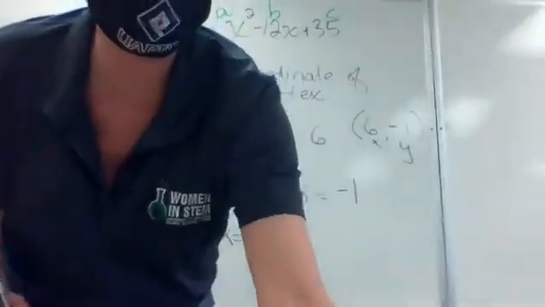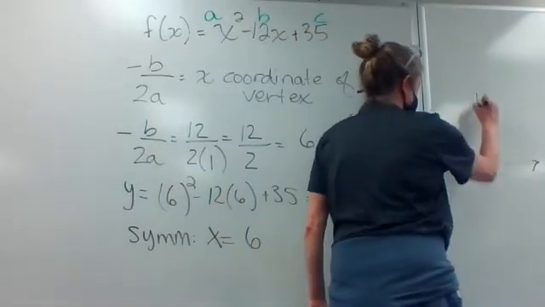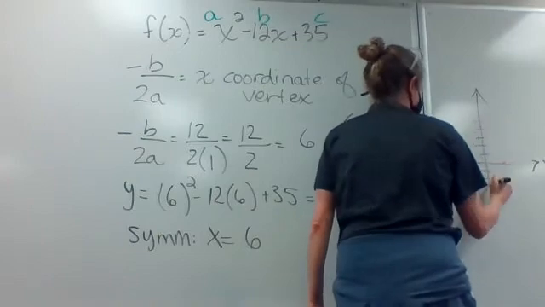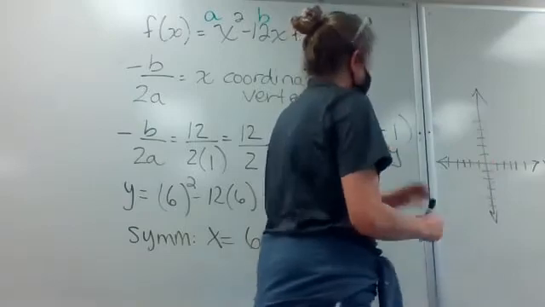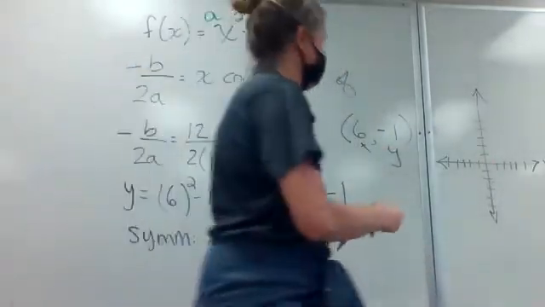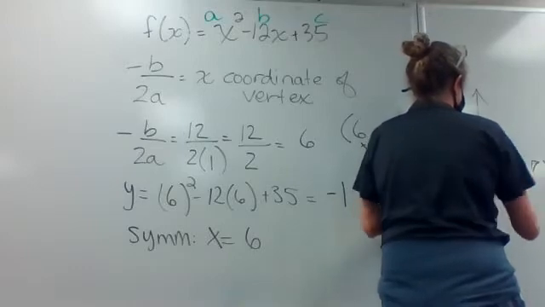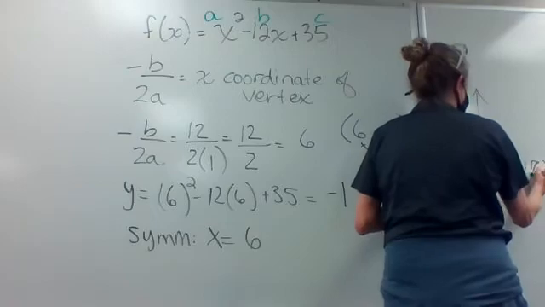So if I have a minimum, it's going to ask you to graph it here in just a second. So 6, -1. So to the right 6, down 1. And it opens upward.